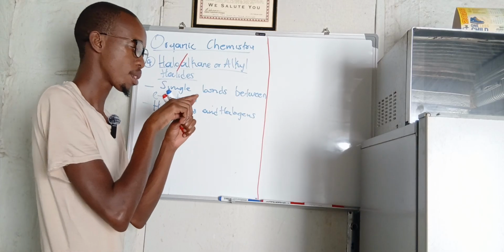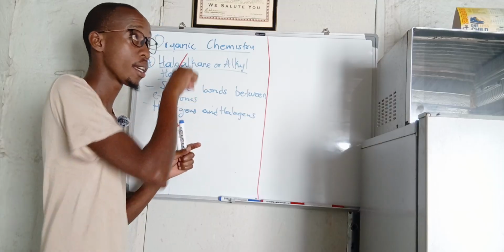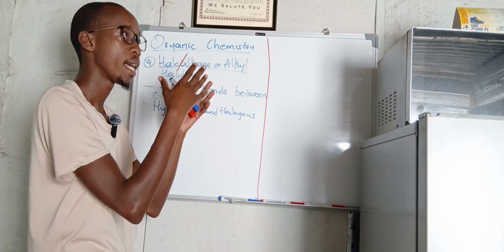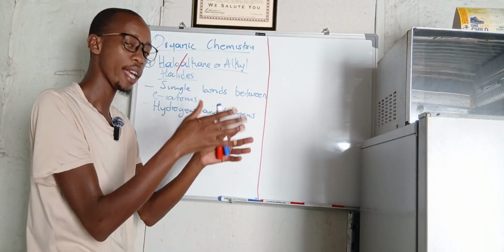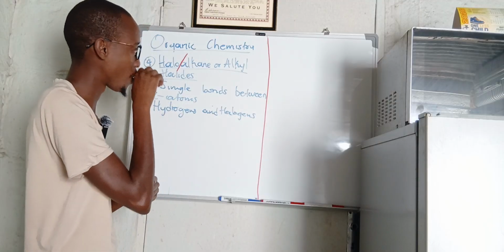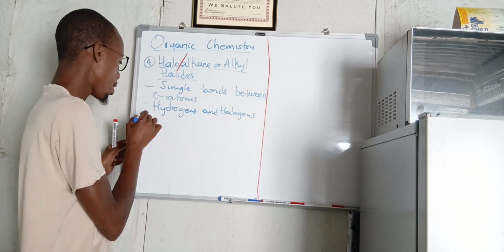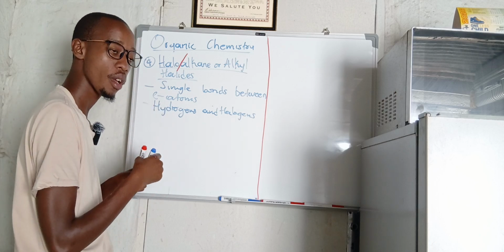You see, so it will be single bonds between carbon atoms, and on the outer part of the structure we will be having hydrogens and halogens.